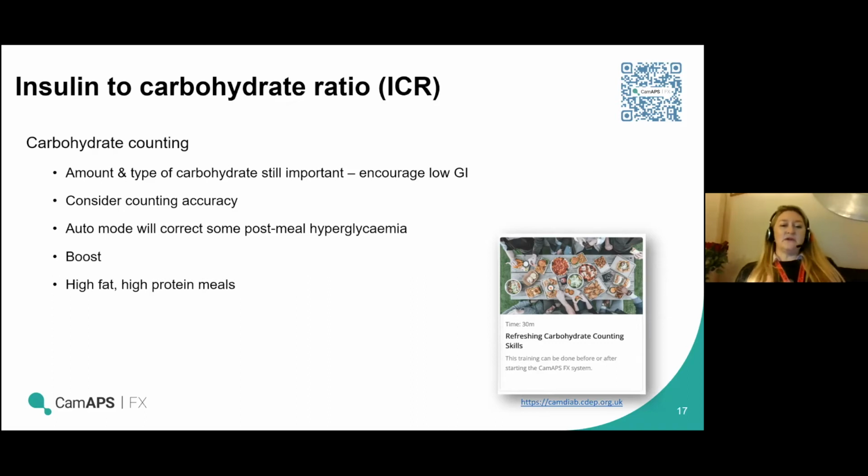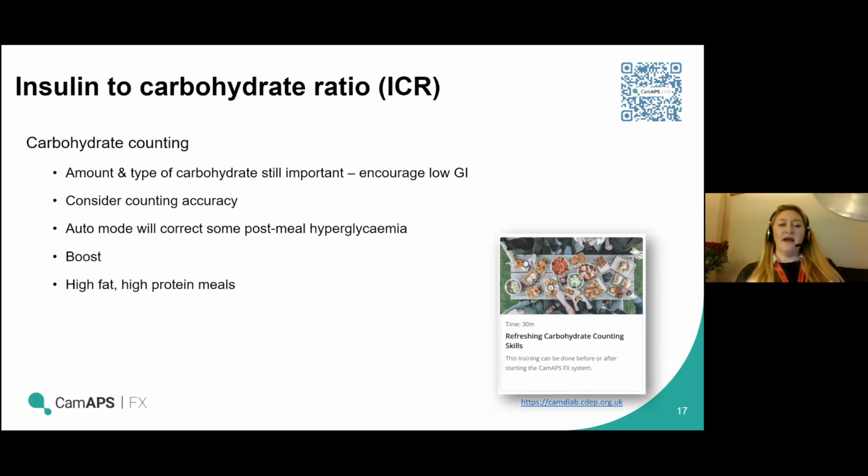It's also worth thinking, when you're looking at meals, about whether there are any high fat, high protein meals that might be causing trouble on certain days. You don't necessarily need to change carb ratios, but you need to consider a different strategy to deal with those meals.